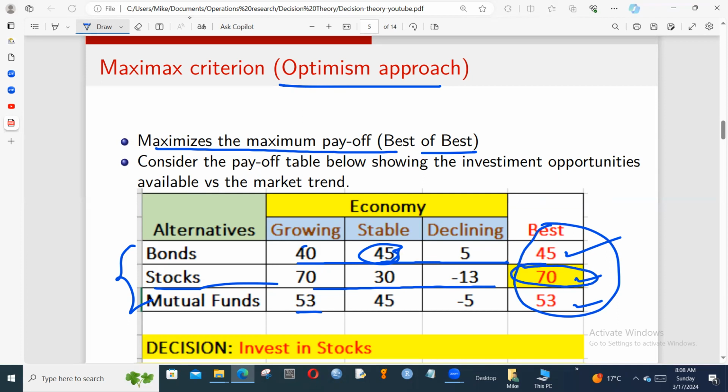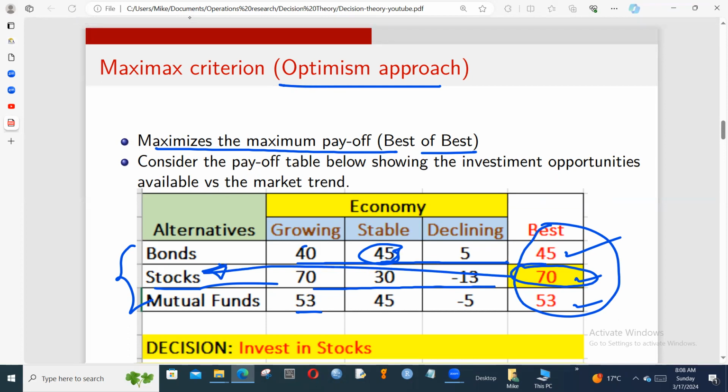And because 70 corresponds to stocks, a decision maker who is using the Maximax criterion will decide to invest in stocks, because stocks has the highest maximum payoff comparatively to the rest. So somebody will invest in stocks based on that criterion.